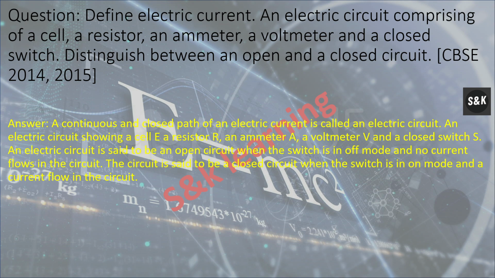An electric circuit shows a cell E, a resistor R, an ammeter, a voltmeter V, and a closed switch S. An electric circuit is said to be an open circuit when the switch is in off mode and no current flows in the circuit. The circuit is said to be a closed circuit when the switch is in on mode and a current flows in the circuit.